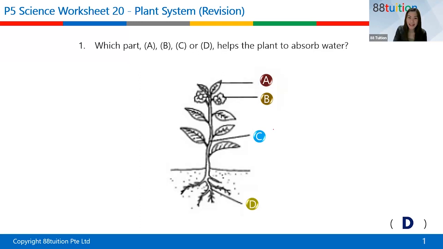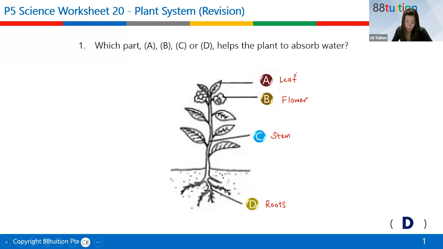It was what Evan gave as his answer. Transport, not just nutrients, right? The nutrients you are talking about is actually the food that's made as well as water. Wonderful. So this is the stem. This is the roots. Part D is the answer, correct? This is the flower and this is actually a leaf.